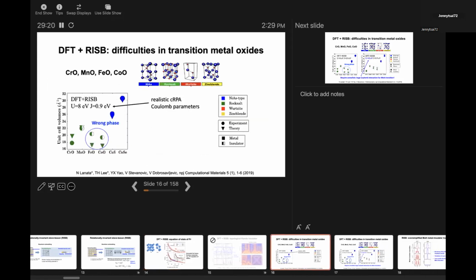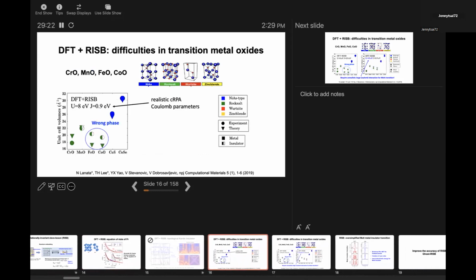But if we want to study the Mott transition and we apply this approach to these oxides, which these three are known to be Mott insulators, we found that if we use the realistic approach, with Coulomb parameters calculated by constrained RPA, we cannot get a reliable unit cell volume for iron oxide and copper oxide.